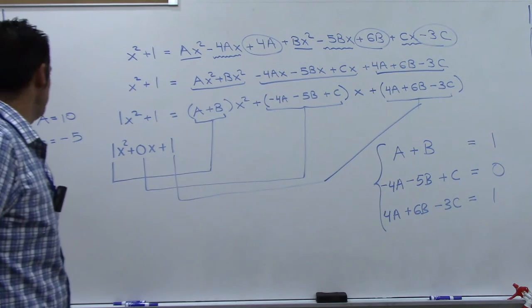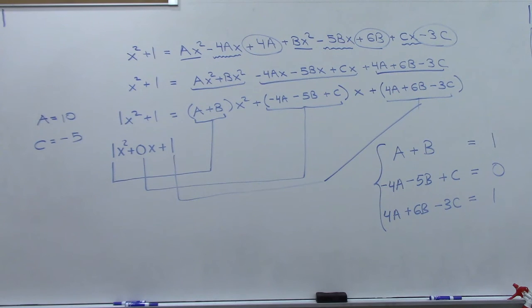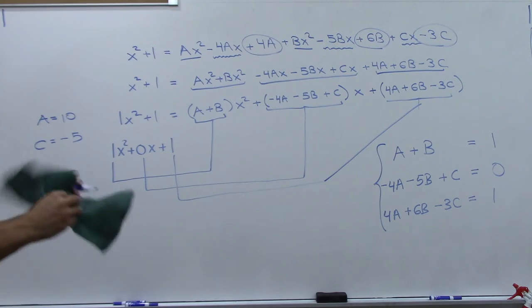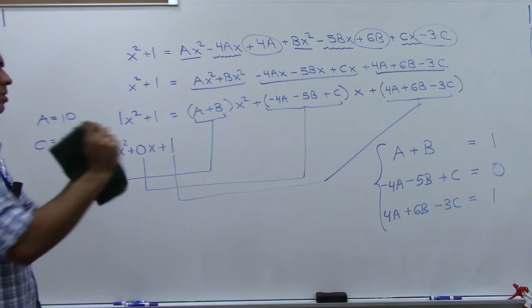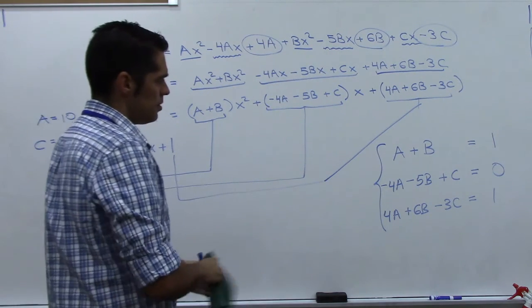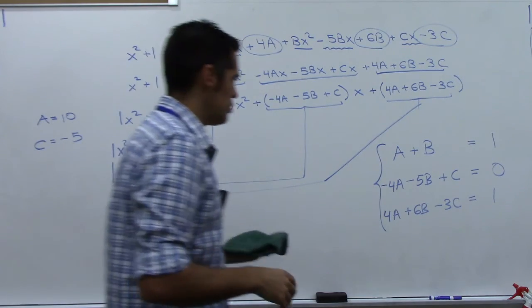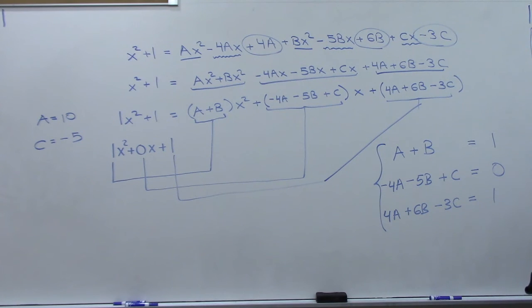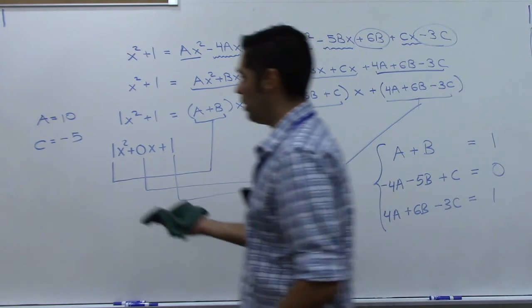All right, well, this doesn't look fun. So this is where you could get on your calculator and do an elimination using matrices or your RREF function on your calculator. I'm going to do this one by hand, but I'm going to cheat a little bit because I already know what A and C were from earlier.